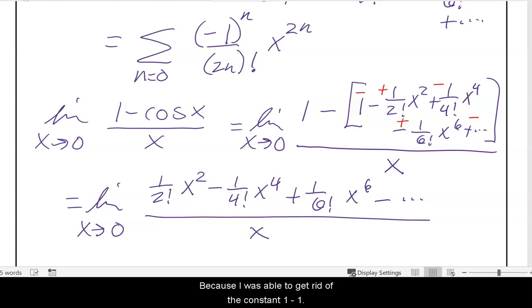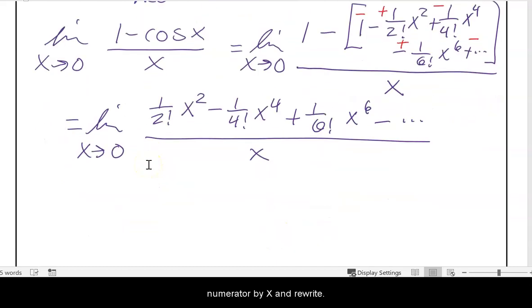Because I was able to get rid of the constant 1 minus 1, every single term in the numerator has at least one x factor, and the denominator has an x factor. Since I have a monomial denominator, I can divide each term in the numerator by x and rewrite it.